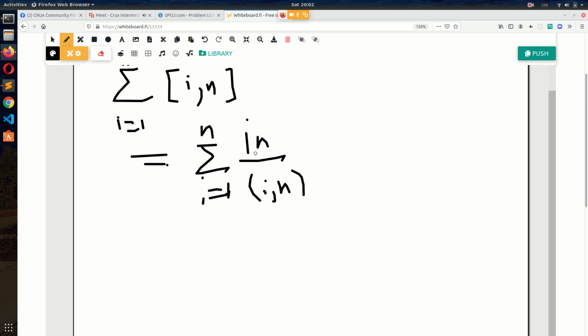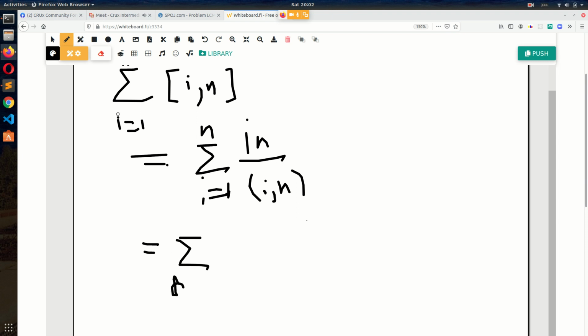Now this GCD value would always be a factor of n, obviously. So we could iterate over all the factors of n to express this sum, and see for how many i's the GCD of i comma n equals a particular factor. So let's rewrite this sum again.